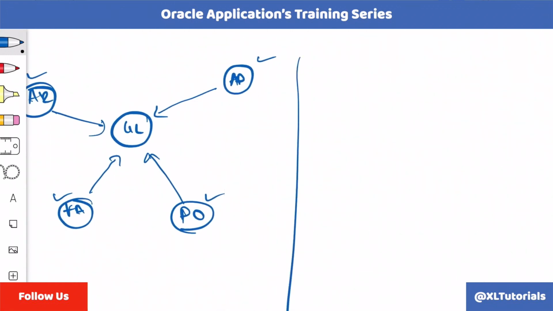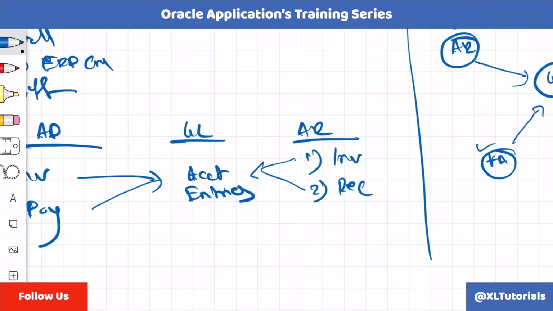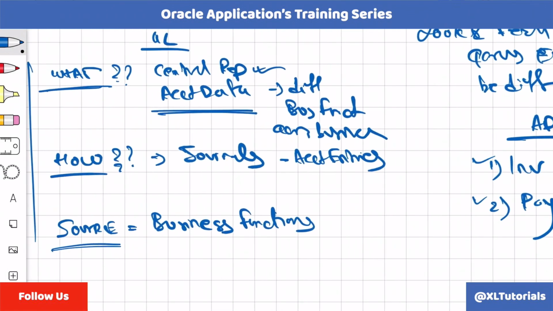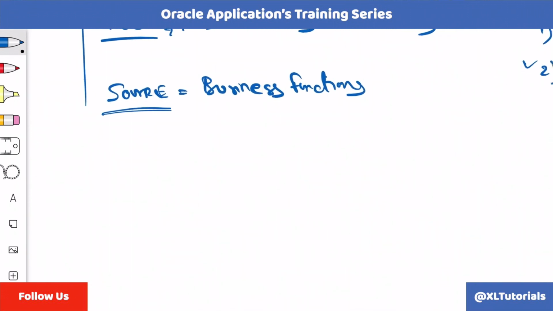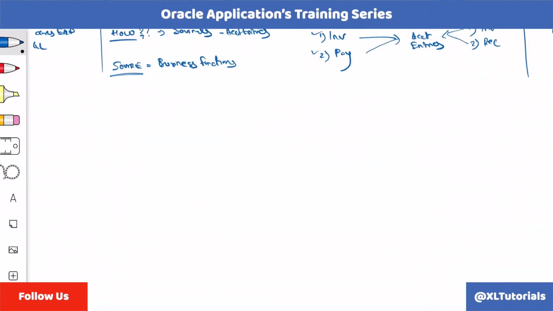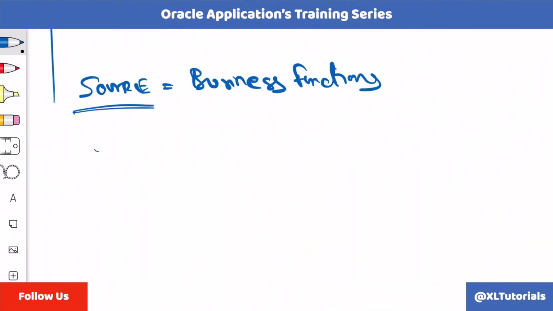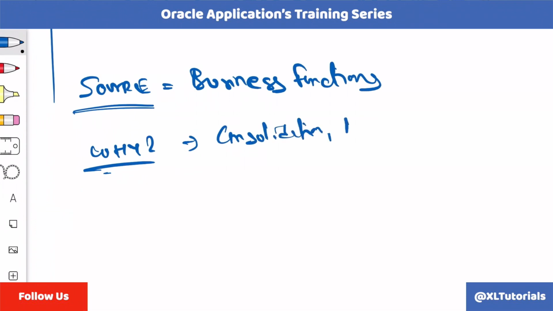So why is this necessary? Here we have covered what, how, and from which source, and the next question is why it is done this way. The reason is again consolidation and reporting, right?